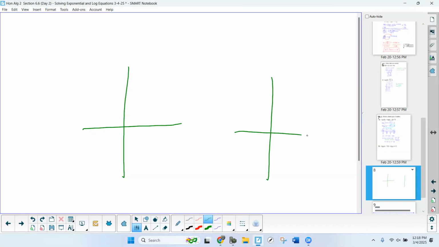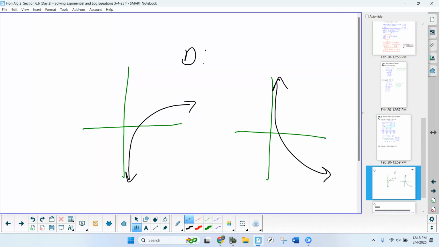Your log graph either goes like this or like this. What's the domain of either one of these graphs? X has to be what?